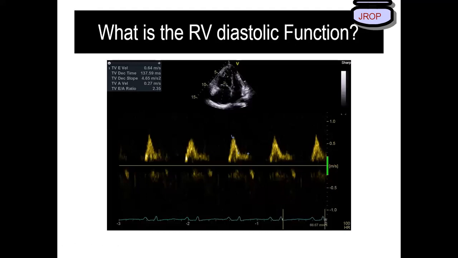So it is elevated, so it is type 3 diastolic dysfunction. In RV, we do not talk of type 3. We talk of normal or elevated. So it is elevated right atrial pressure, right ventricular filling pressure and diastolic pressure. Okay, good.